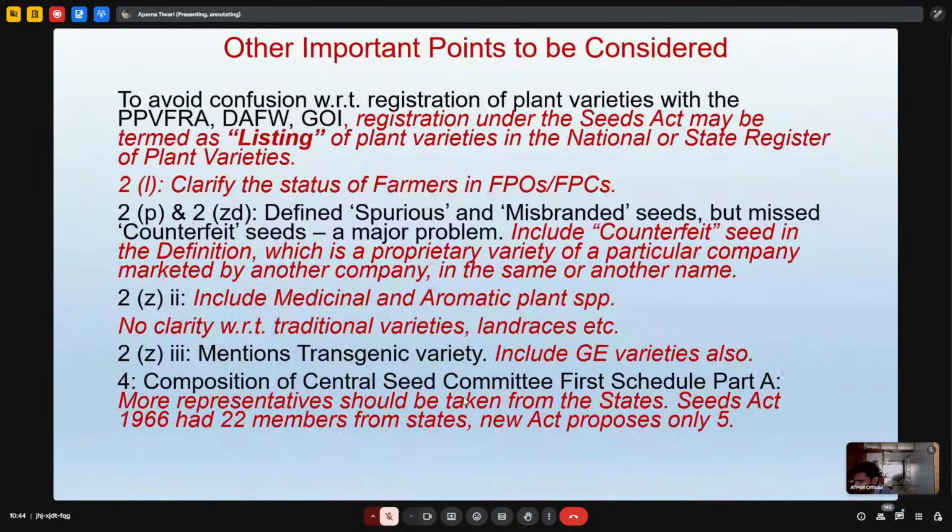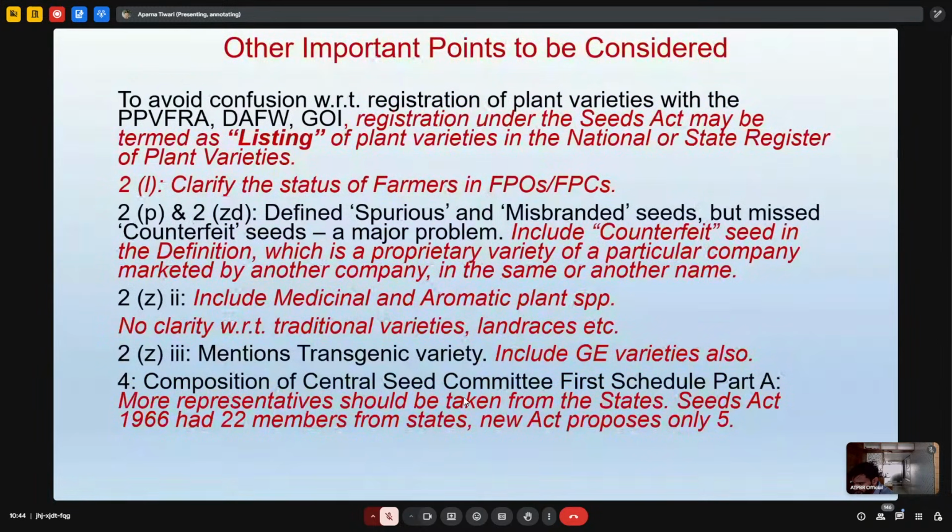Like in the UK, earlier there was a system of National Register of Recommended Varieties and National Register of Varieties. Similarly, we can term it listing of plant varieties, either in the National Register of Plant Varieties or State Register of Plant Varieties. If possible, let us avoid using the word registration, just to avoid any kind of confusion or duplication.